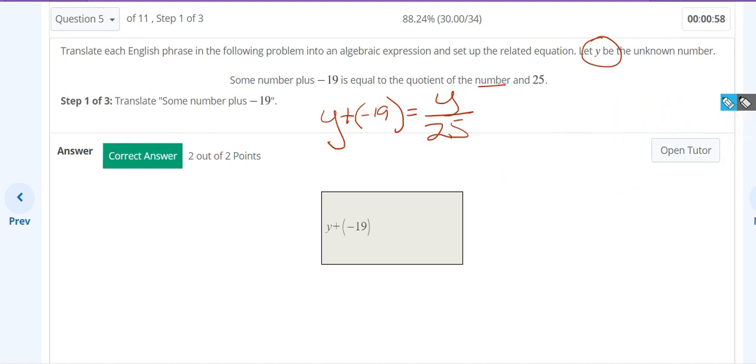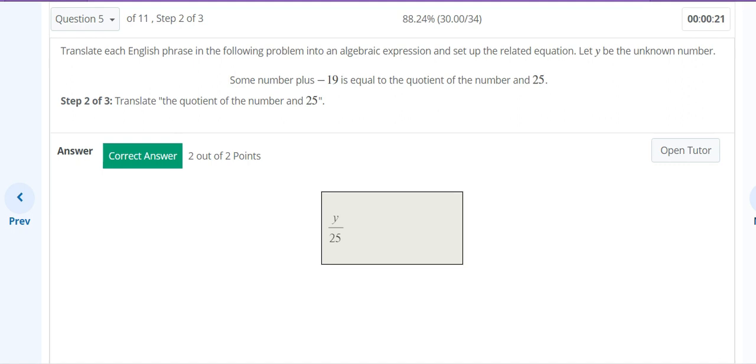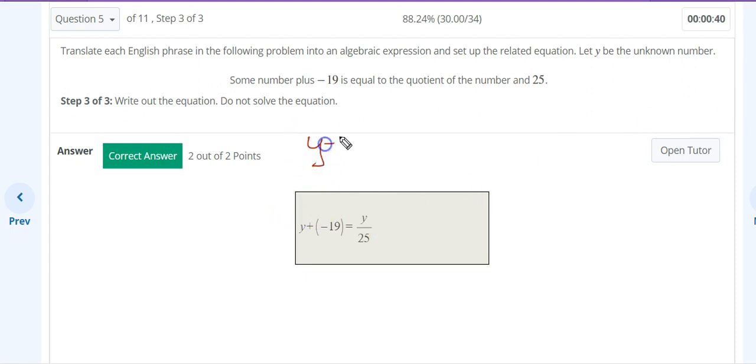So they have 3 questions that deal with this. This is the answer eventually. There's the quotient, and then there's the equation. Now, I'm wondering if I had simplified this, because this is actually y minus 19 equals y over 25, this combination, whether they would have marked it wrong.